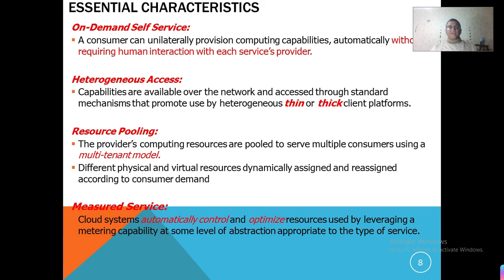And then the other is measured service. This is again one of the most important characteristics of cloud computing, which makes organizations interested in moving to the cloud.